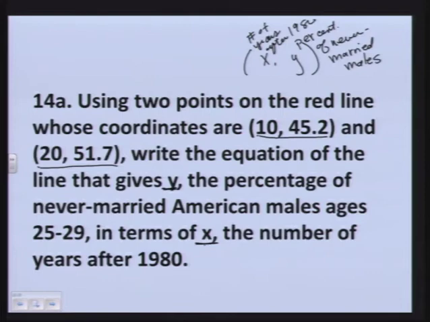So it's a good idea to keep straight what the x and y in each of our points stand for. So this is 10 years after 1980, and 45.2% of the males were never married.